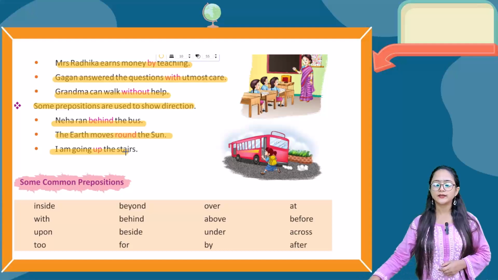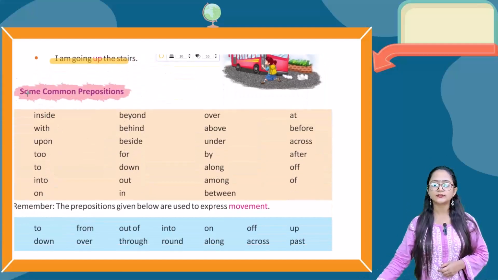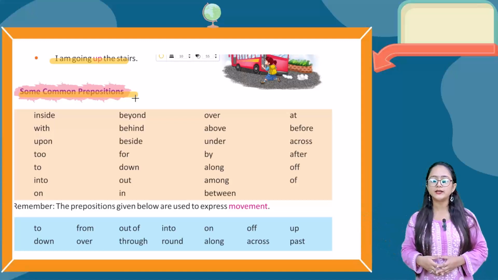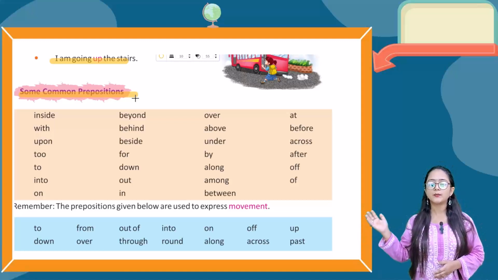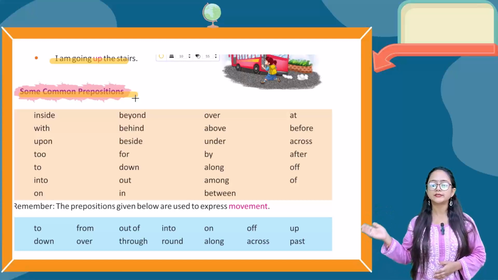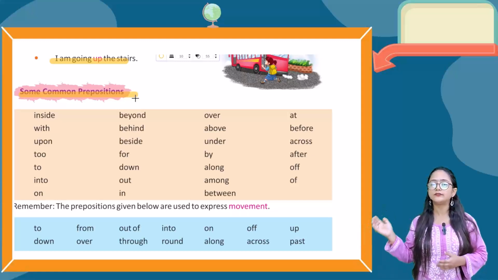Now students, let's talk about some common prepositions. Here you can see some common prepositions in the given table like inside, with, upon, to, into, on, beyond, behind, beside, for, down, out, in, over, above, under, by, along, among, between, at, before, across, after, of, off.